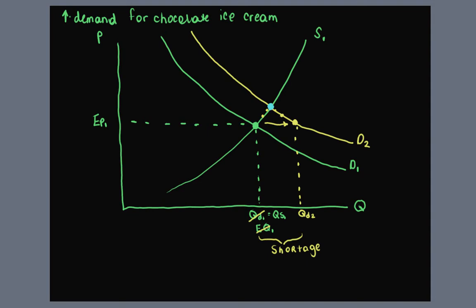Now, to consider what the change has been to equilibrium quantity and price, I need to come down to the x and y axes. Let me erase real quick to make this a bit clearer.